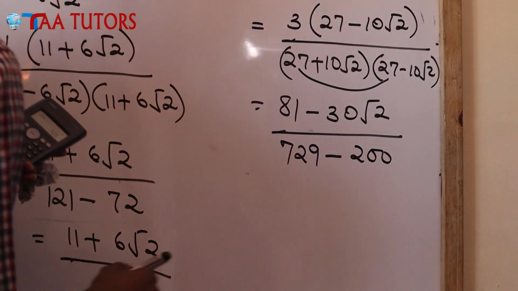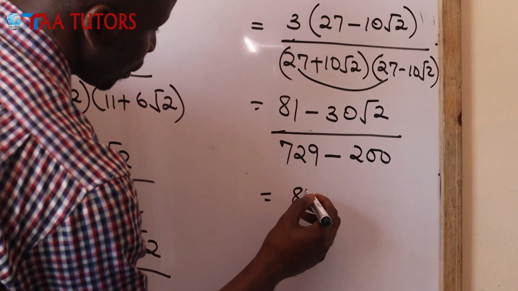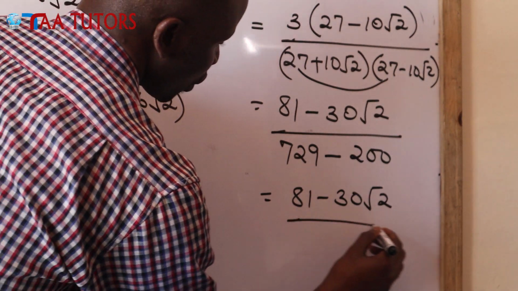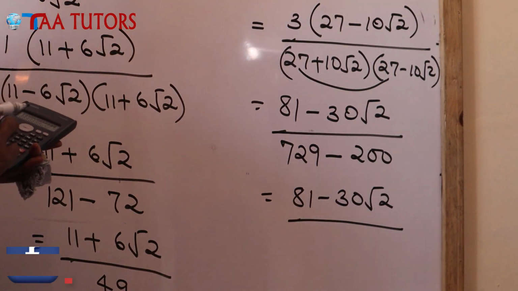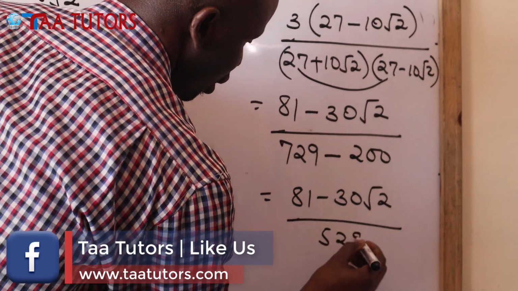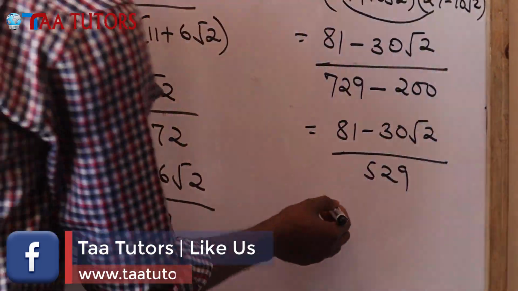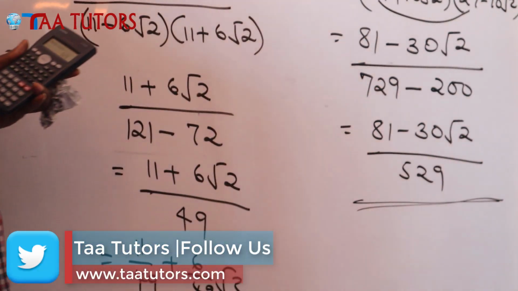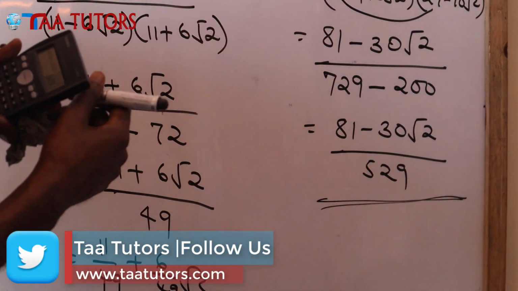So 100 times 2 is that. That is 81 minus 30√2 divided by 729 minus 200, which is 529. Now, you can leave my answer from there, or you can break them apart so that you express it in the form of A plus B√C.